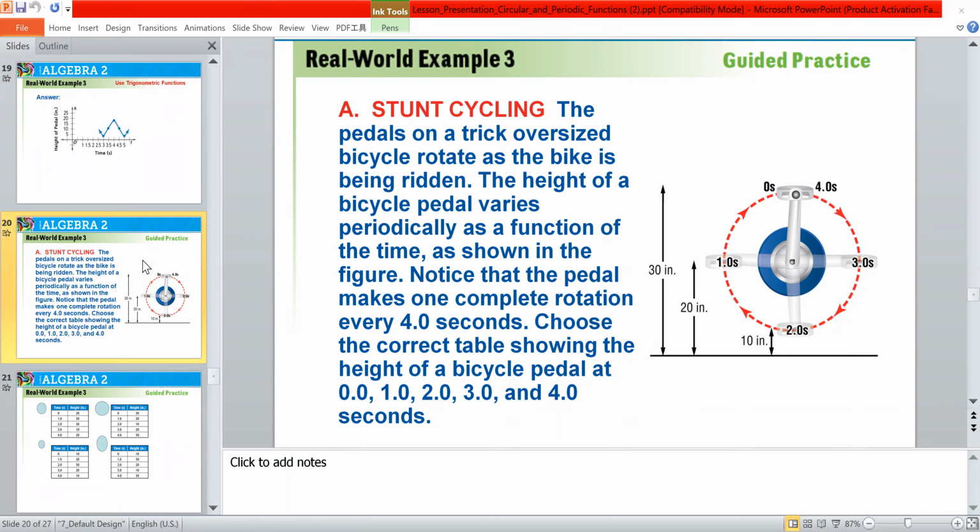This is our table, between the time and the height. It starts from 0, then 1, 2, 3, and 4. So we need to find the height.